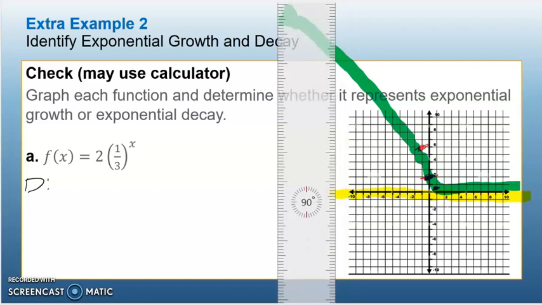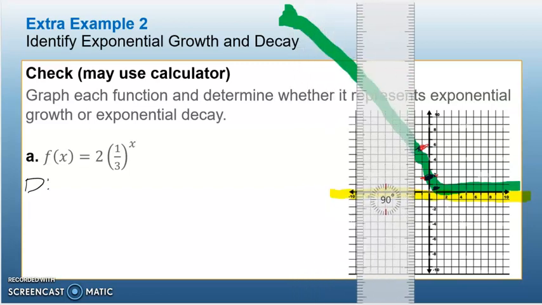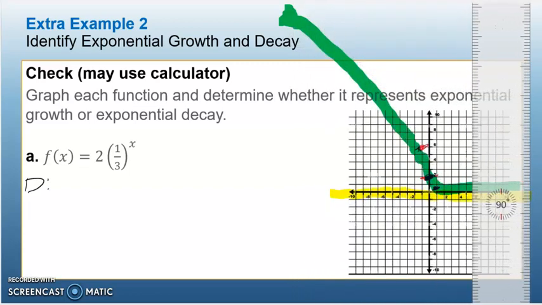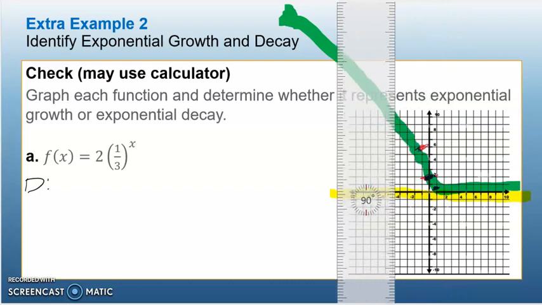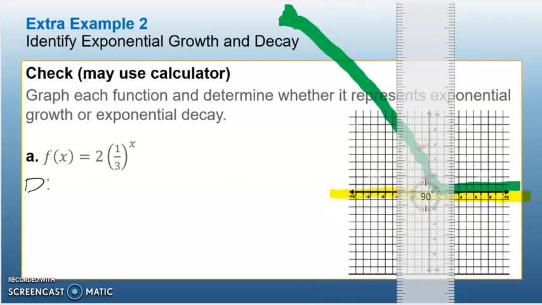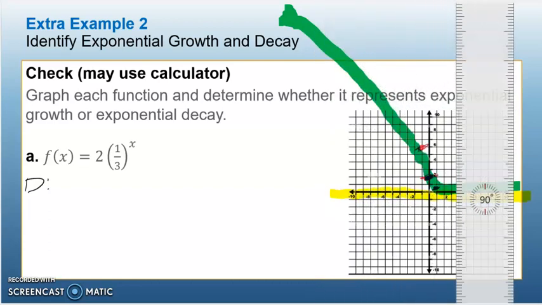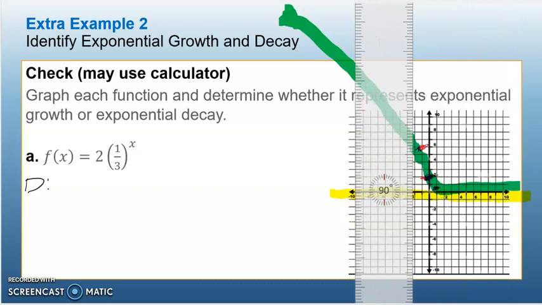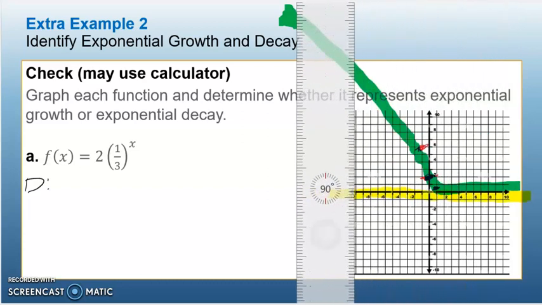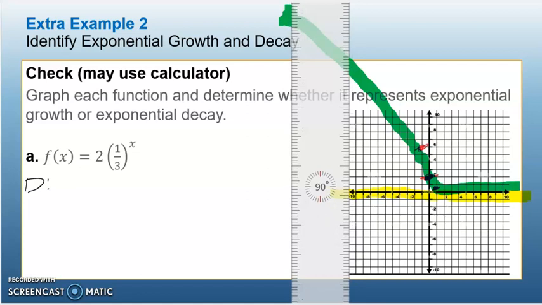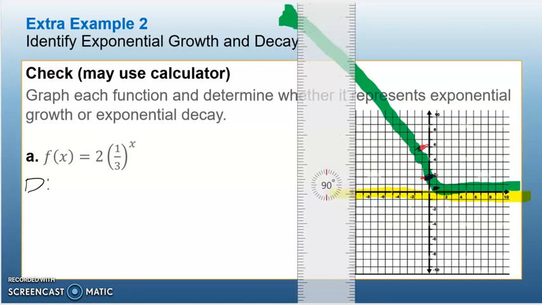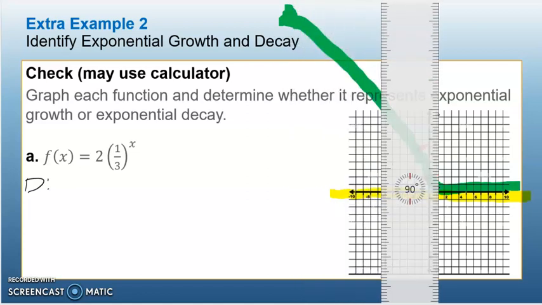Yes, it keeps touching the green line all the way through, which means there are no limitations. For a basic exponential function, whether it's a growth or a decay, I can put any x in here and it will give me a y value that lands on the green line. So the domain will be all real numbers.